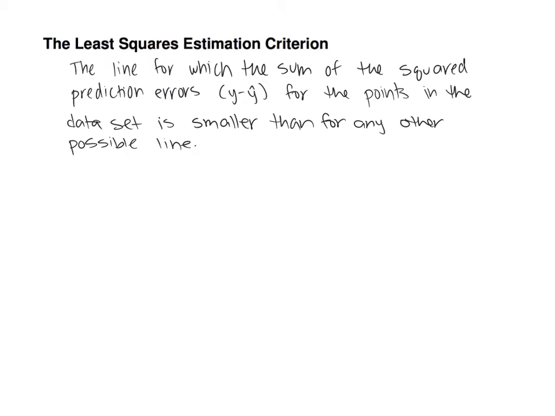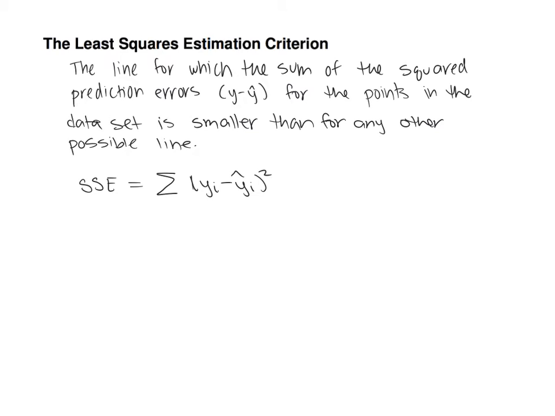Okay, so let's process this. What you do is you consider all possible lines, and for all possible lines, you find the sum of squared prediction errors. That's called the SSE, and it's equal to a sum, there's that capital sigma again, of y sub i minus y sub i hat.